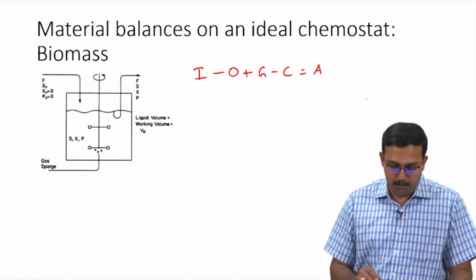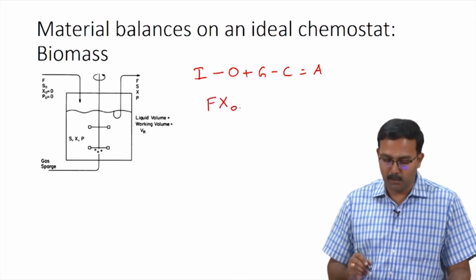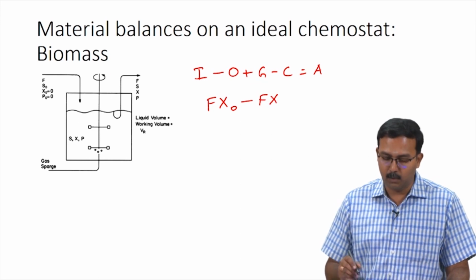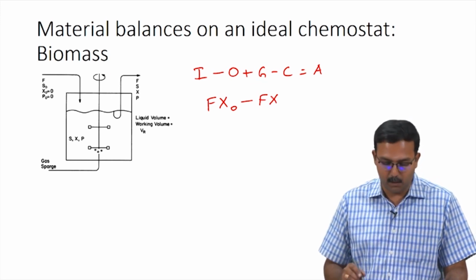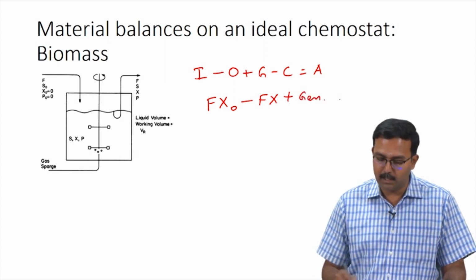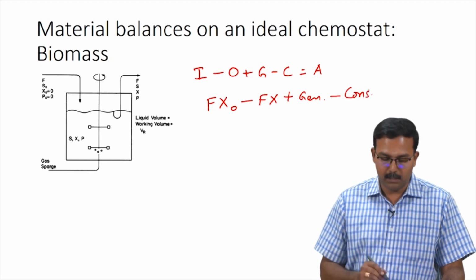The inlet term would be F times x naught, where F is the volumetric flow rate and x naught is the biomass concentration in the inlet stream, minus outlet being Fx, where F is the outlet flow rate and x is the biomass concentration in the outlet stream, plus generation term. We will get to what the generation term would be, minus consumption. Let us also get to consumption later.